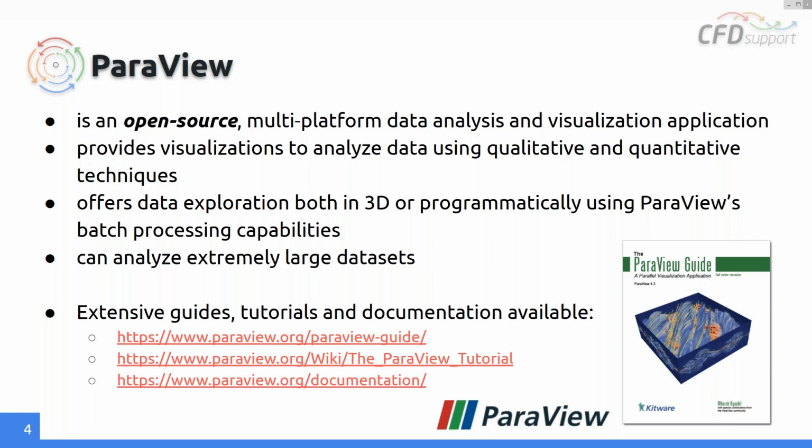So basically, you can visualize the data, or you can also find some integral values and so on. I will show you one example of how to evaluate, for example, some average values on a given plane, or on a given object in general. It offers data exploration in 3D.